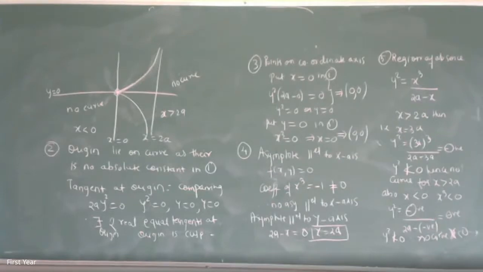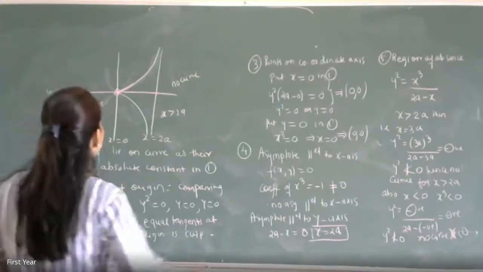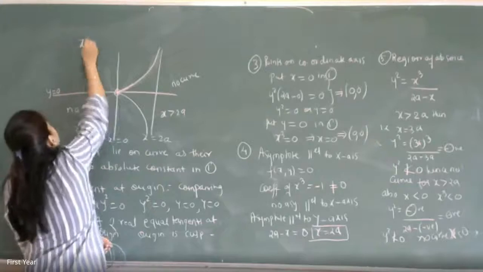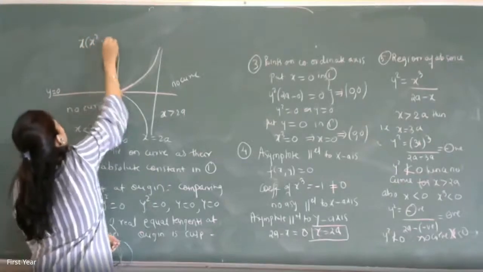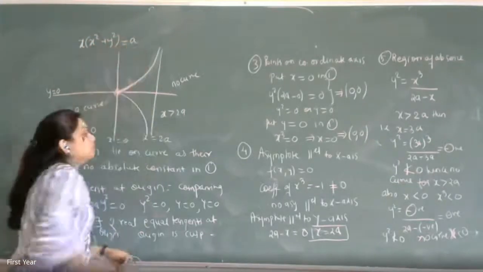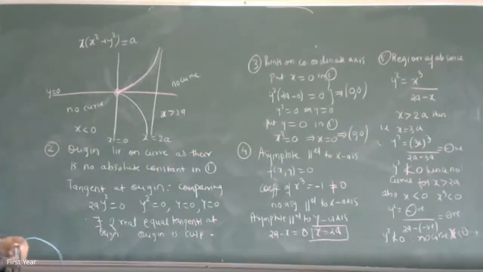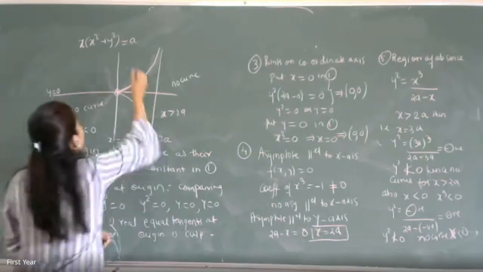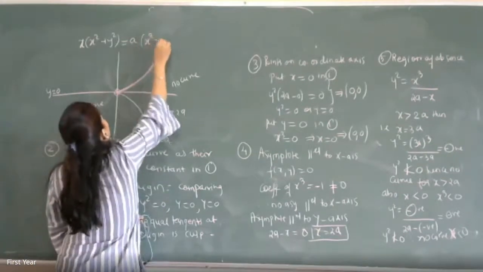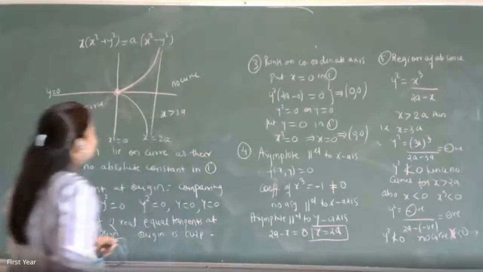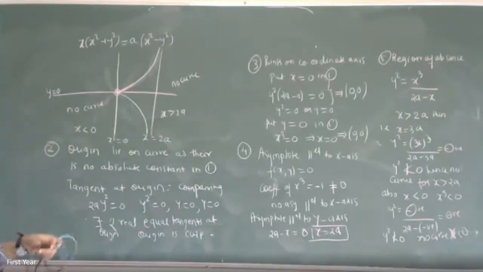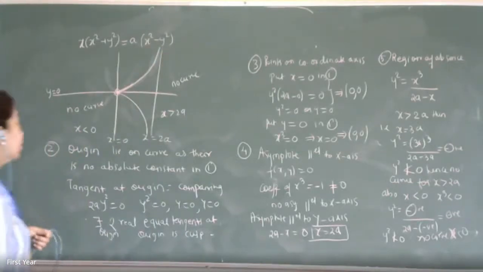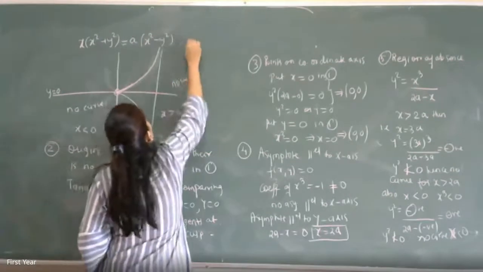Should I give you the next question? Yes, ma'am. Trace the curve: x into (x square plus y square) is equal to a into (x square minus y square), where a is greater than 0.